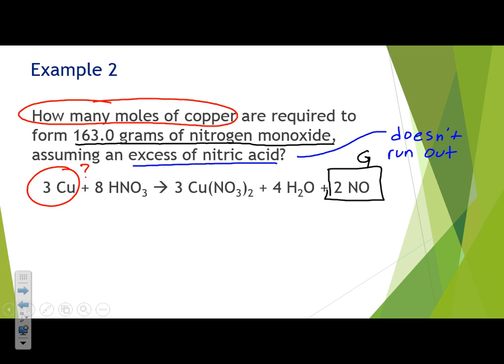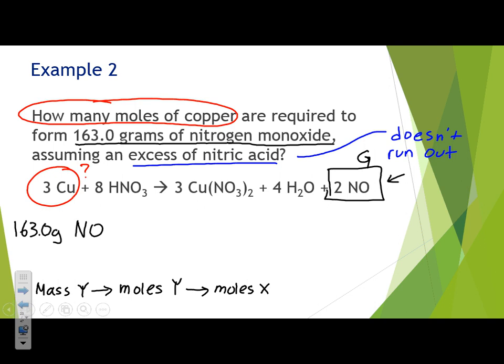So we've started with 163.0 grams of nitrogen monoxide, which is here as NO. Now again, here we're going from mass to moles. So we're going from the mass of Y to moles of Y, finally to moles of X.